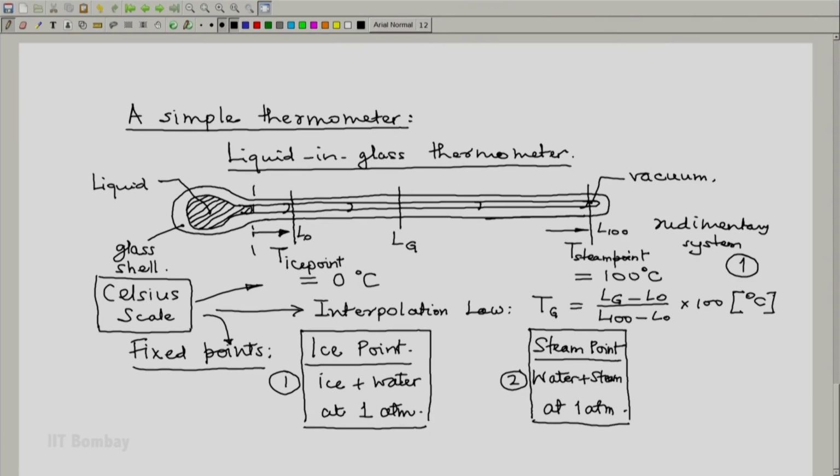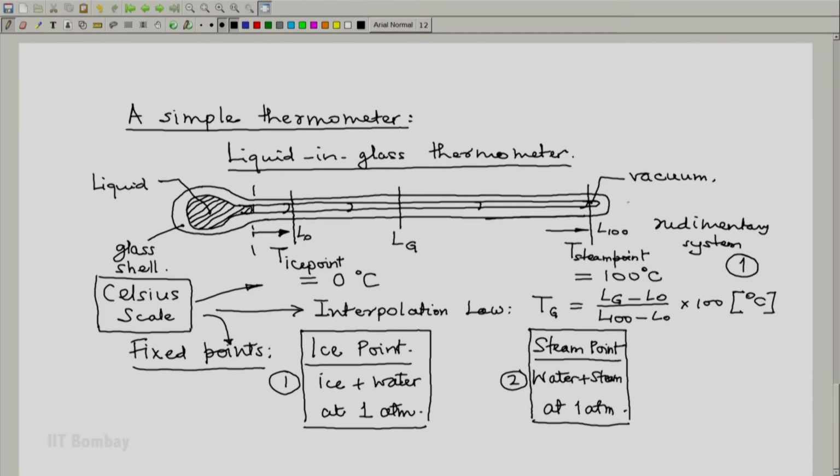So notice that even the simple Celsius scale requires the following things. First thing it requires is the thermometer. We need a simple system known as the thermometer. Then we need at least one fixed point. In this case we have two fixed points. Third, we need to define the temperatures of those two fixed points.